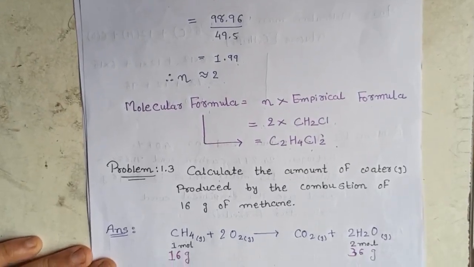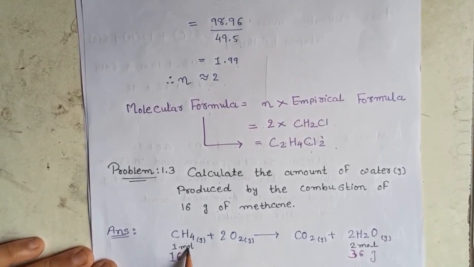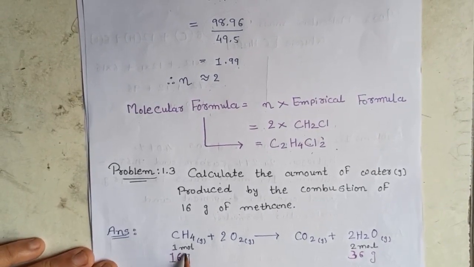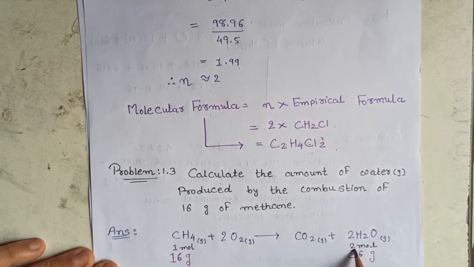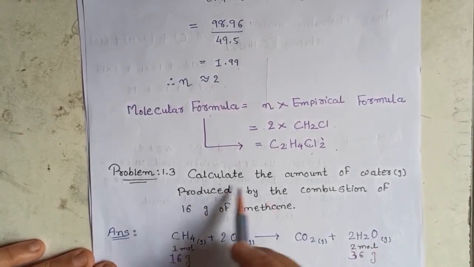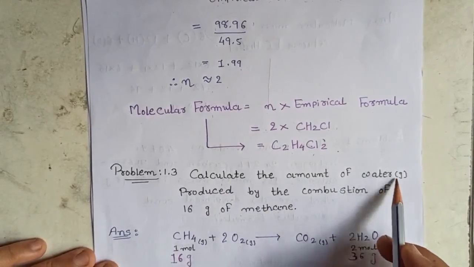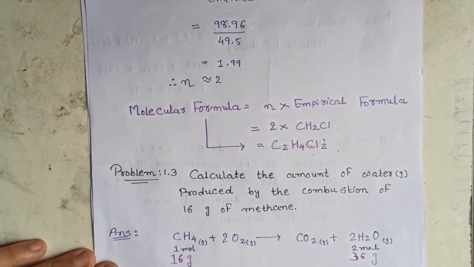For this equation, we can say that when 1 mole of methane is combusted, it will produce 2 mole of water, right? Here we are talking about only methane and water, because we have to find the mass of water when we combust methane, right?